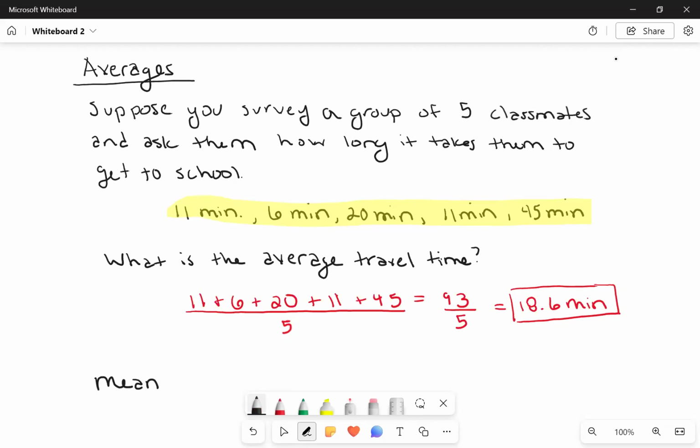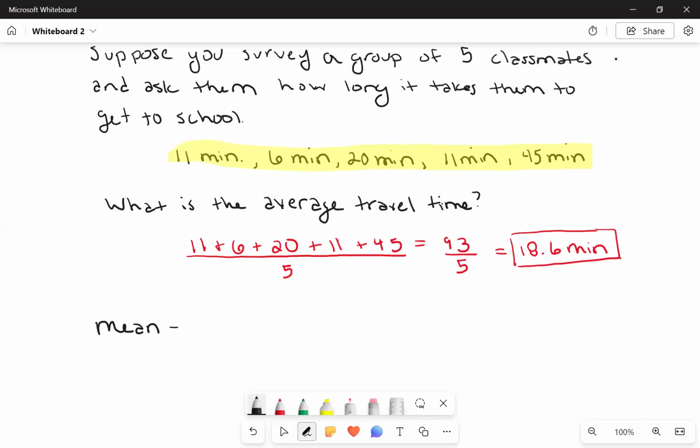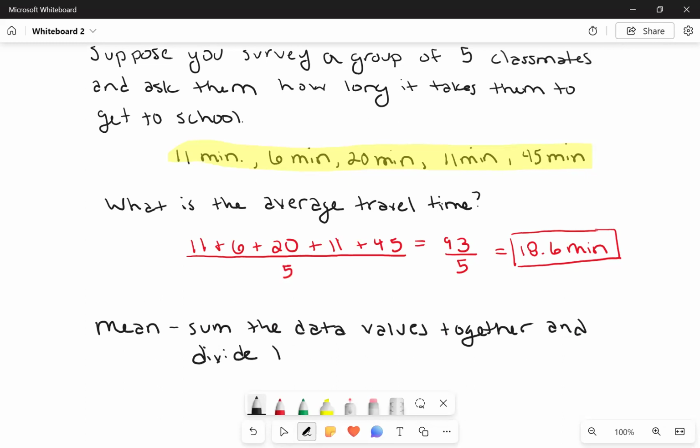The idea is that the mean does the process of you add or sum the data values together and divide by the total observations of the data, meaning how many data values you have. So that's a way to define what the mean is.